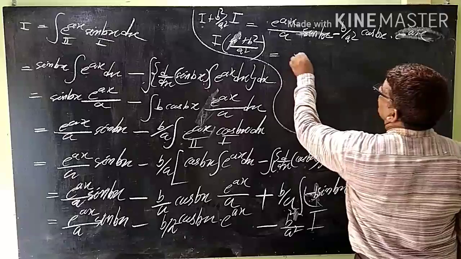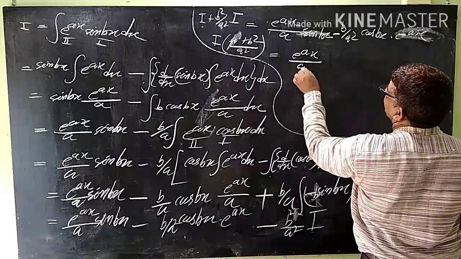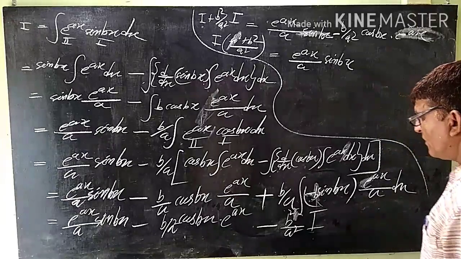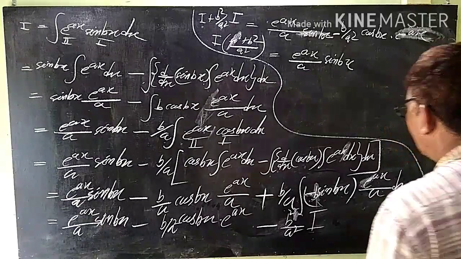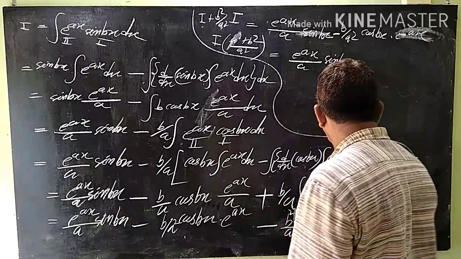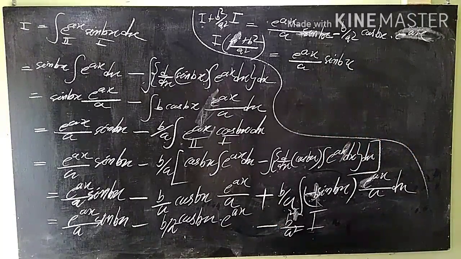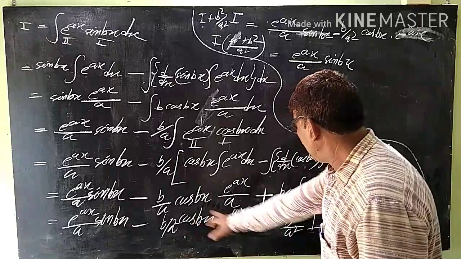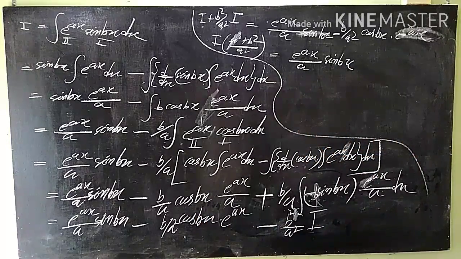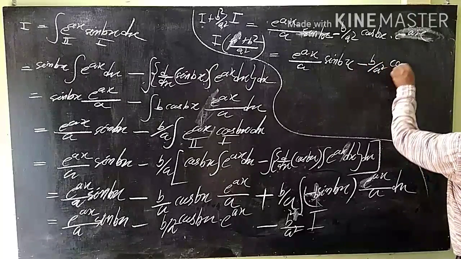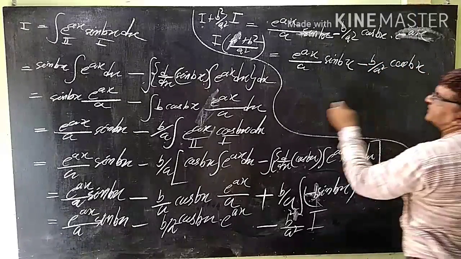Equal to power of e ax upon a sin bx minus b upon a square cos bx.